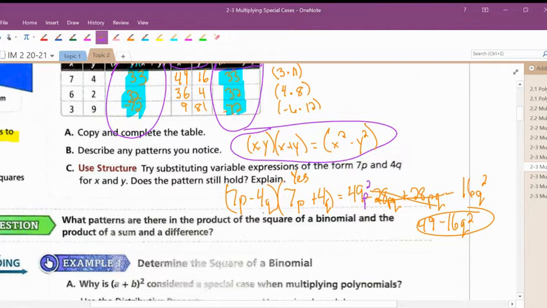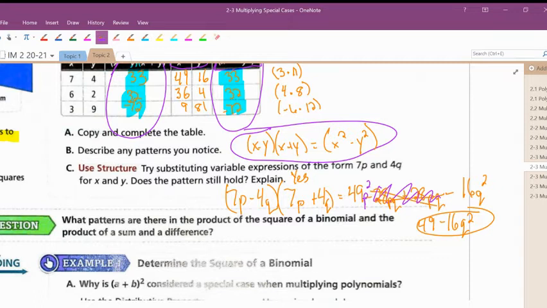Then we do negative 4q times 7p is negative 28pq. 7p times positive 4q gives us 28pq. So the positive and the negative forms cancel out. And lastly, negative 4q times 4q, 4 times 4 is 16. It is negative, and q times q is q squared.